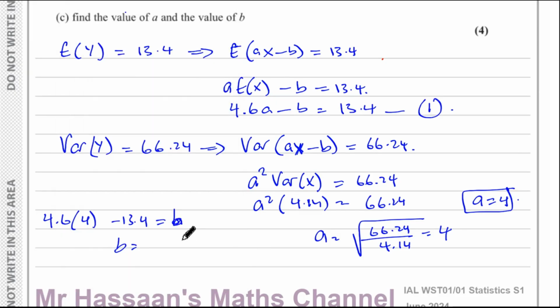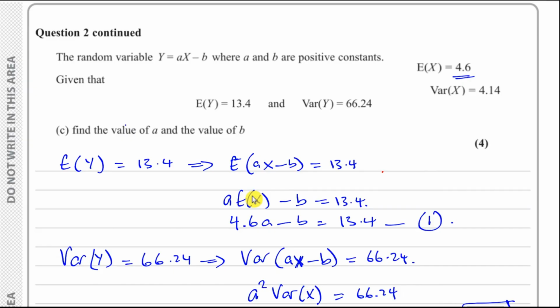And that gives us 5. So B is equal to 5. So if A equals 4 and B equals 5, that is the answer to part C.